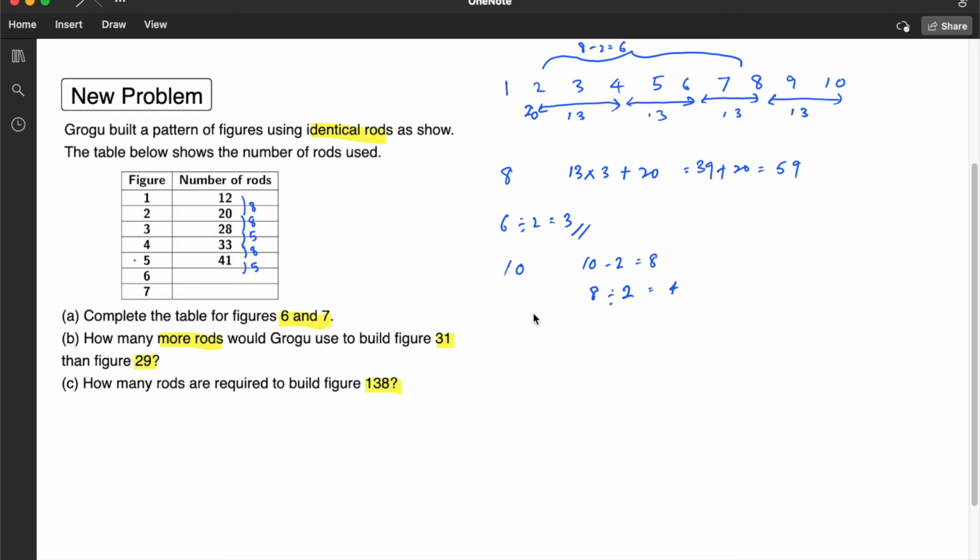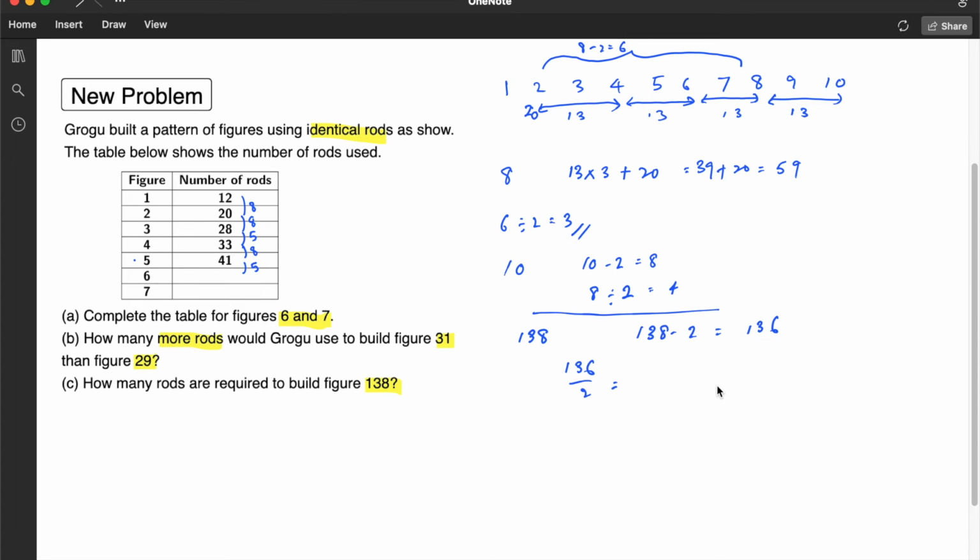So we can make use of this to answer our part C. We have 138, the figure number. So what we do is find the interval between 2 and 138, which is 138 minus 2, equal to 136. And then because the 13 interval is a jump of 2, we divide that by 2.